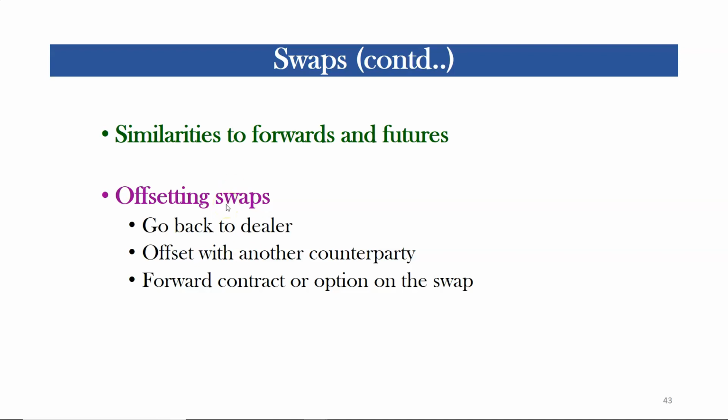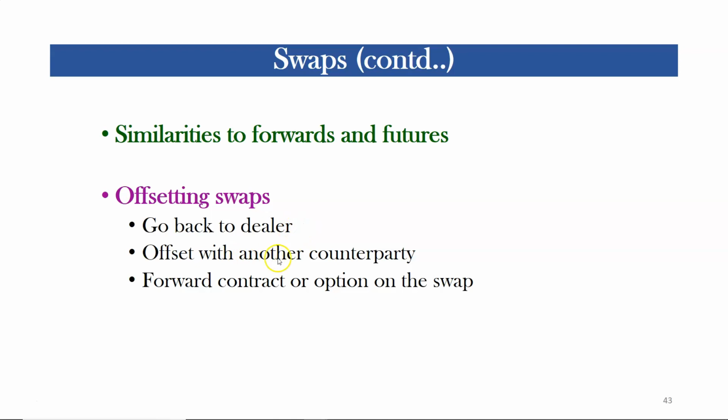To offset a swap early, that is to terminate it before expiration, you can go to the same dealer and request for termination or enter into an offsetting swap with the same dealer. This is highly unlikely.